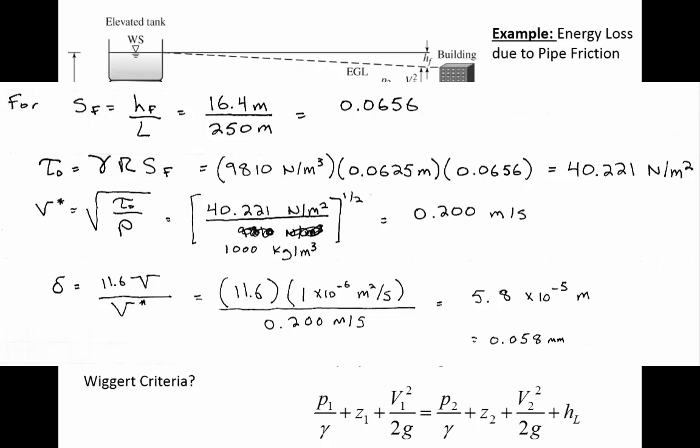And last semester in fluid mechanics, I encouraged you not to just write the numbers when you're solving a problem. And you'll notice every time I'm substituting numbers into a variable, I'm also substituting the units. If you continue that practice, I guarantee it'll save you some points either on a homework or a quiz or an exam. You'll always catch yourself making a mistake at some point in the semester if you take the time to always write the units.